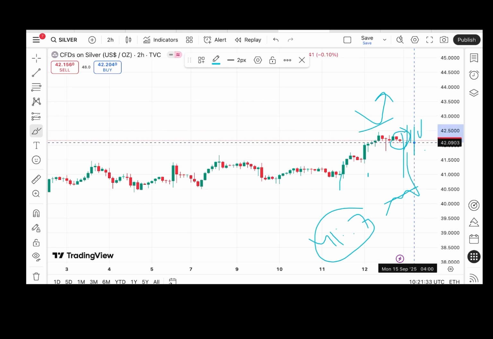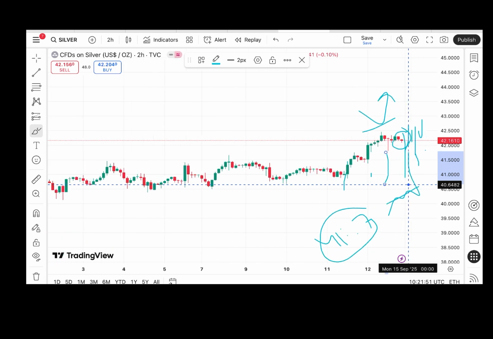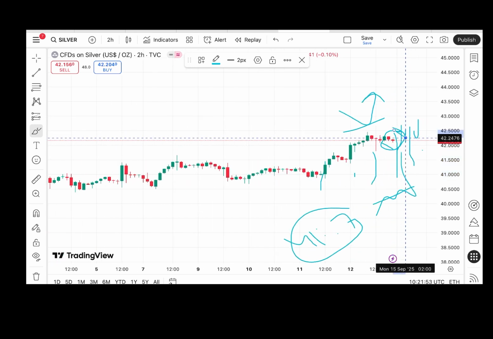The next support is at 42, then a level of around 41.7 to 41.6, then 41.4 to 41.2, and if that doesn't sustain, a further fall can be seen towards 40.8, then to 40.6. Because two continuous red candles are forming, if it rises also, we can see it can go further upside.